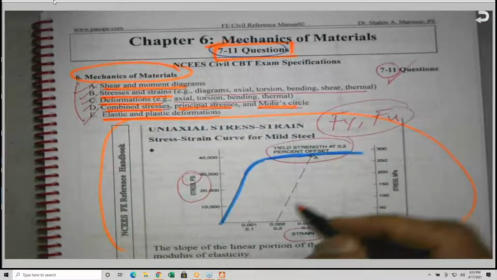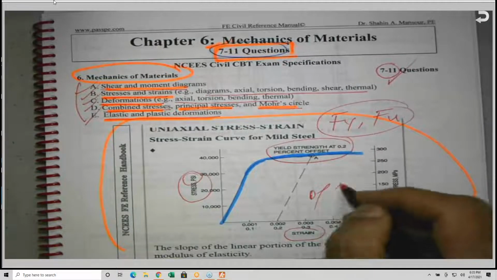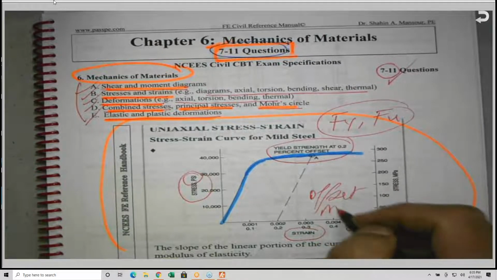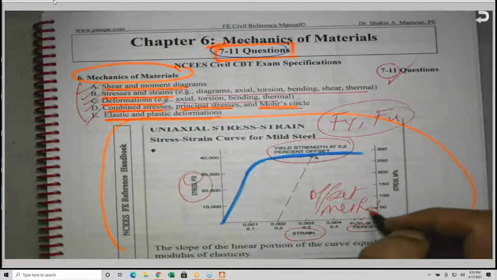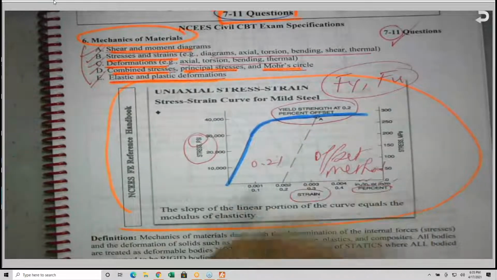So one of them is called the offset method. We move along the x-axis 0.2%. 0.2% means 0.002.